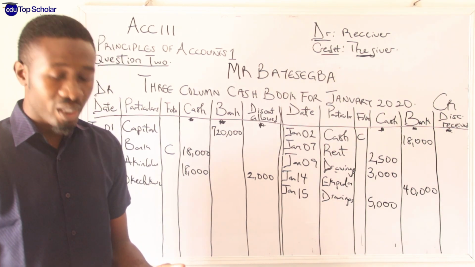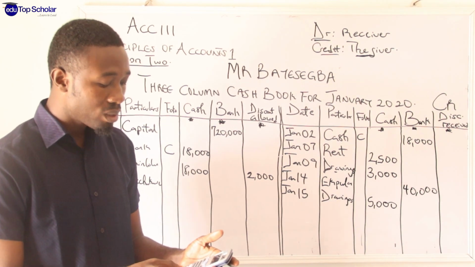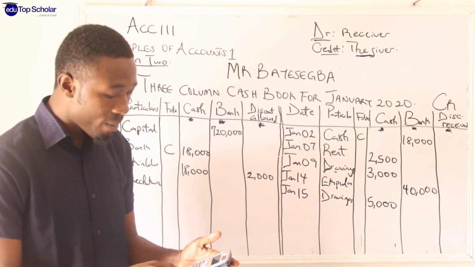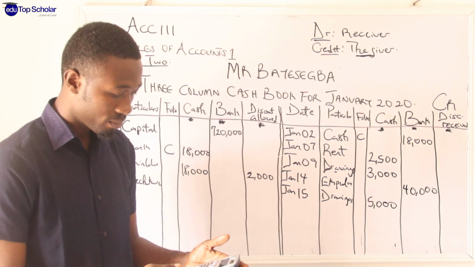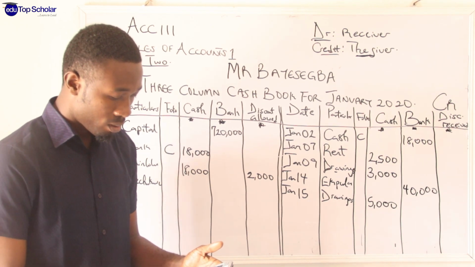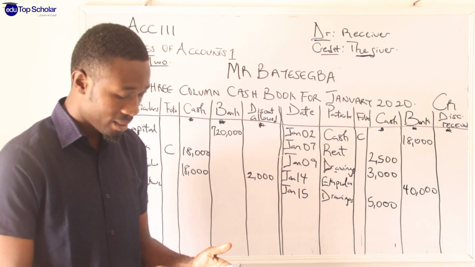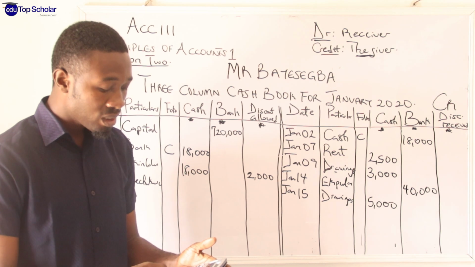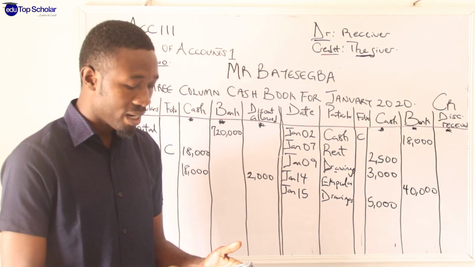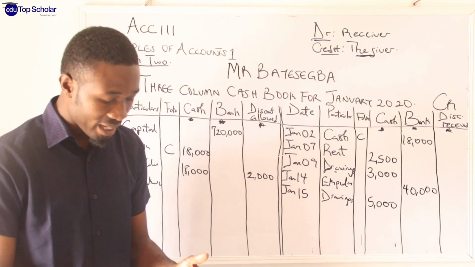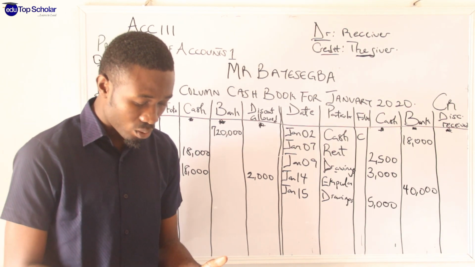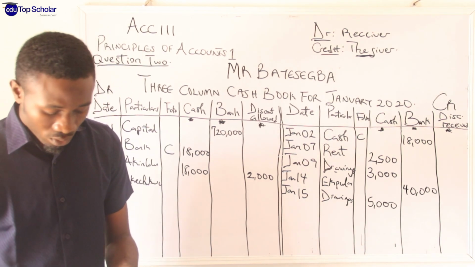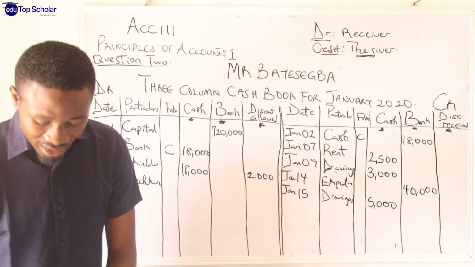So what we'll basically do is to record 100 divided by 95 multiplied by 95,000, which is what will give us the total amount of the money that he paid.